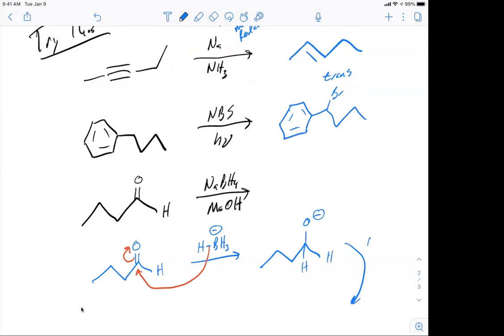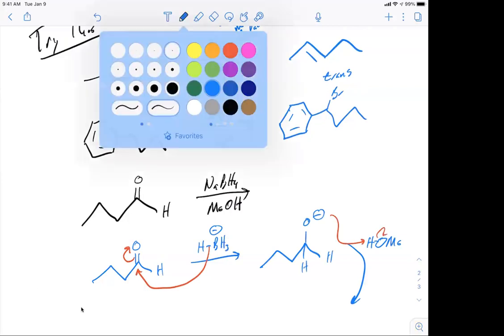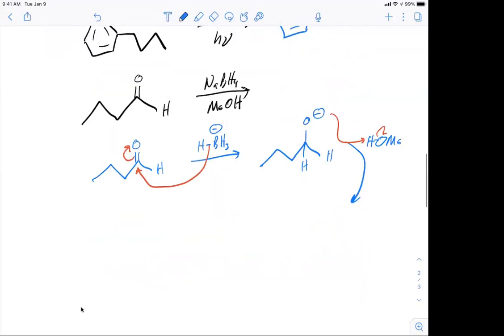And then we get protonation. We get a proton transfer here. So this goes there. So our product, I should go ahead and draw that, is the alcohol.